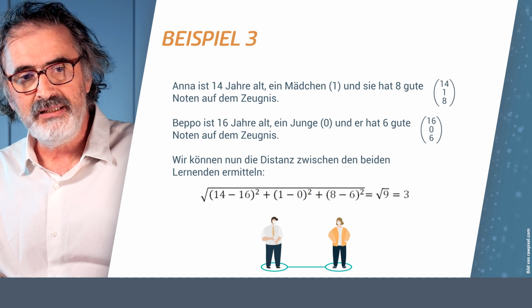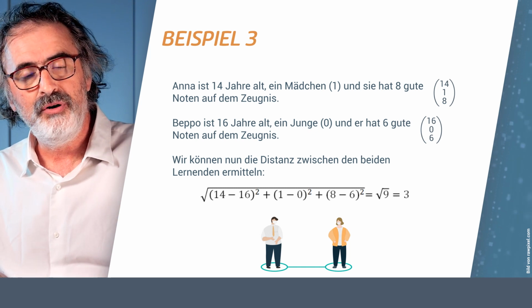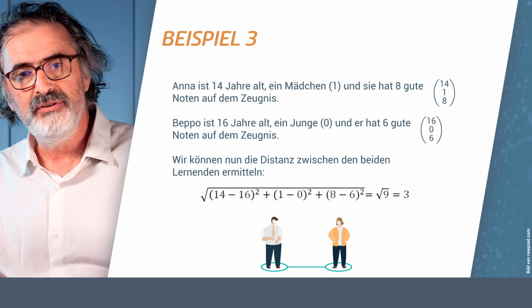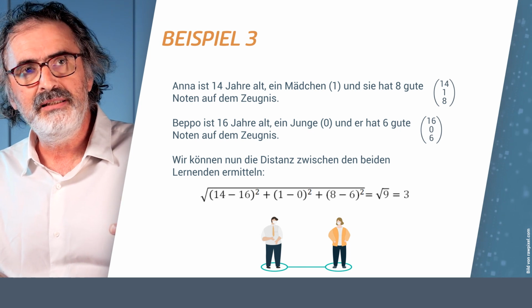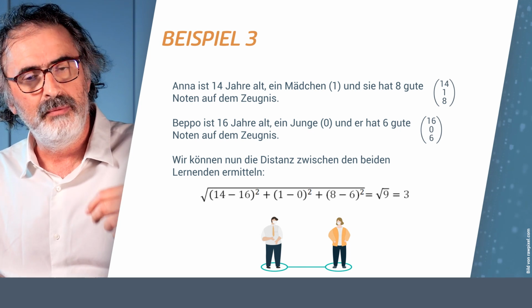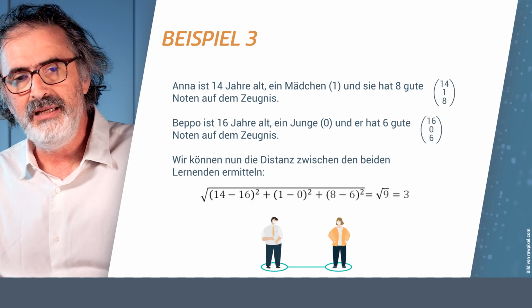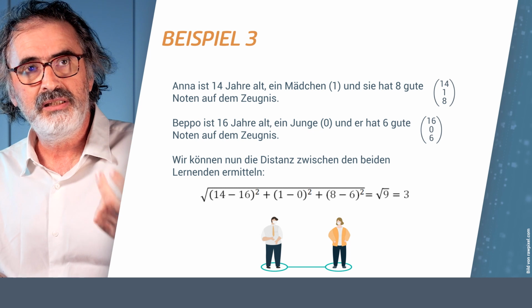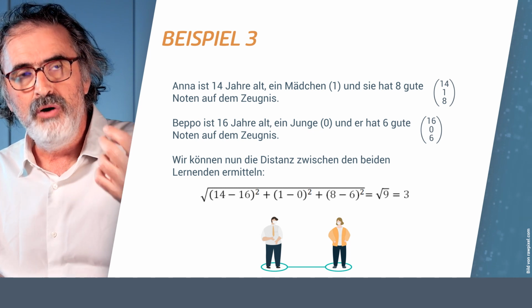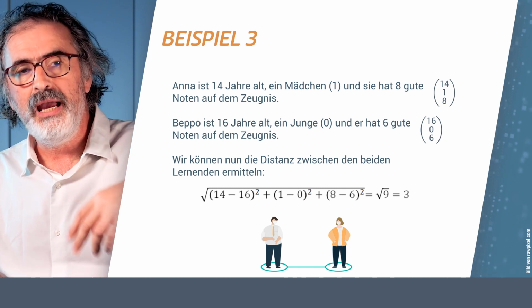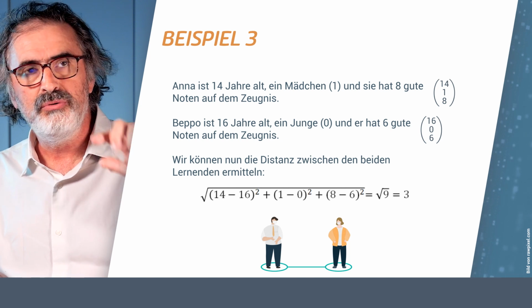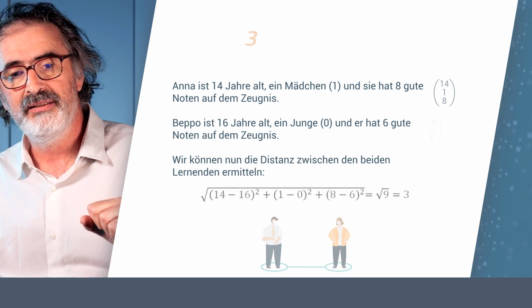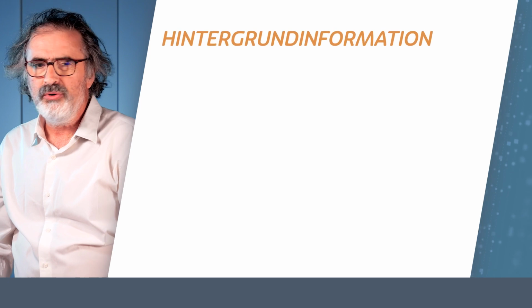I'd compute this using exactly the same formula, and I obtain the result 3. 3 isn't the number of kilometers or the number of meters between these two children. 3 is just a number that has only got value when I've got other children and I need to do sort of 2-by-2 comparisons.